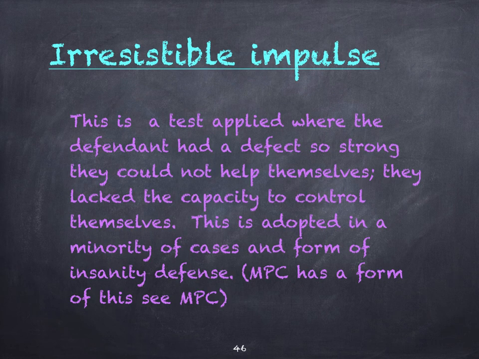Irresistible impulse. This is a test applied when the defendant had a defect so strong they couldn't help themselves. They lacked the capacity to control themselves. This is adopted in a minority of cases as a form of the insanity defense. MPC has a form of this. If you look at the MPC, you'll see them talking about a defect, strong defect, and whatnot.